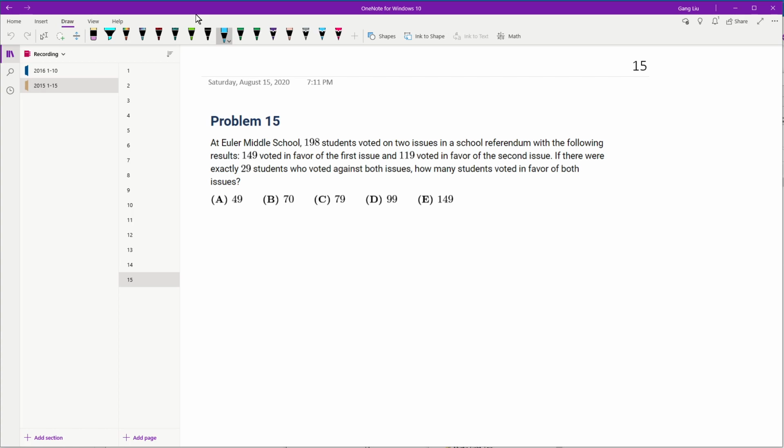If there are exactly 29 students who vote against both issues, how many students vote in favor of both issues? So this problem is actually a 2-category Venn diagram problem with 2 issues. And we know 29 vote against both issues. So 29 is outside of both circles.